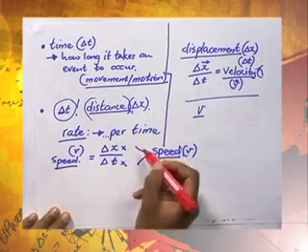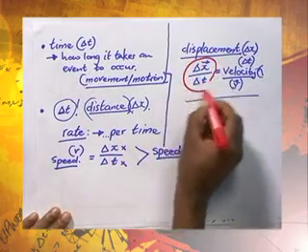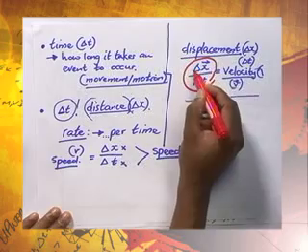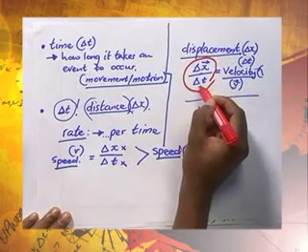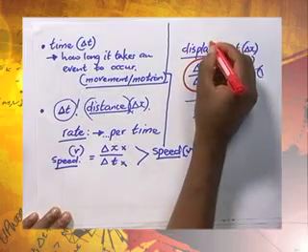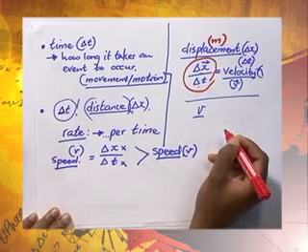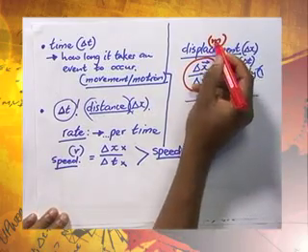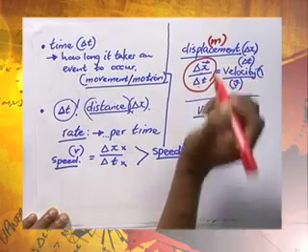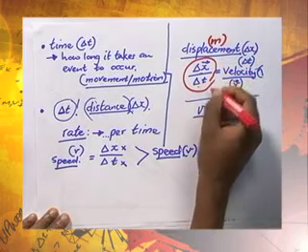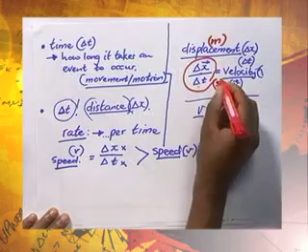You would see here that for velocity, you divide change in position by change in time. Now, change in position is measured in meters, and the time, we know the SI unit for it, it's seconds, s.